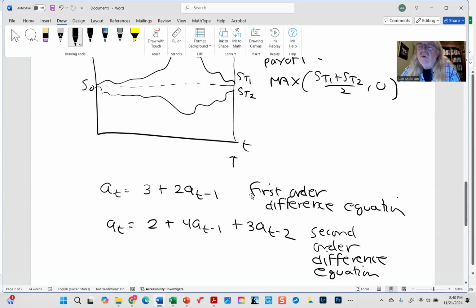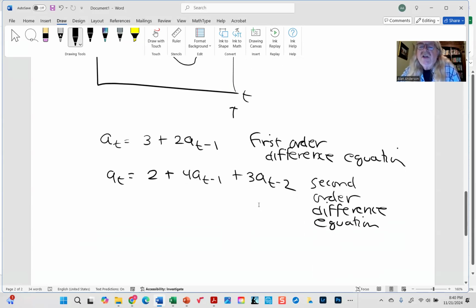You'll see how it works when we get involved with this, but in the most general possible terms, you could think of these as difference equations where the value of the variable at any particular time is a function of its own past values.